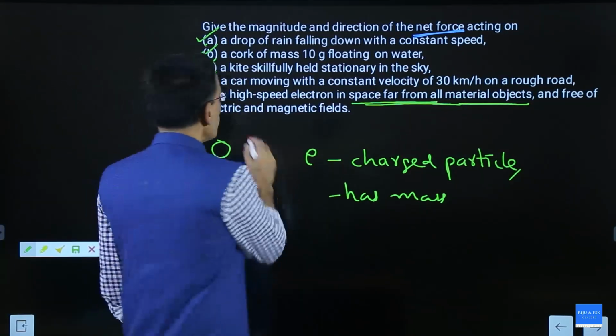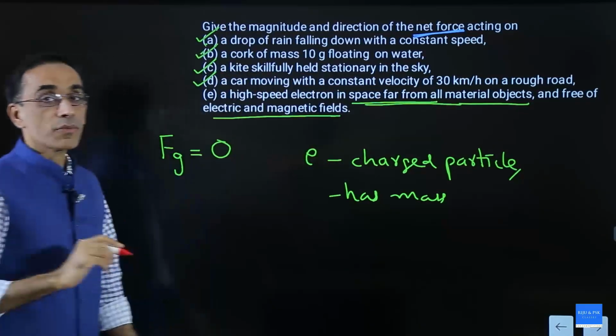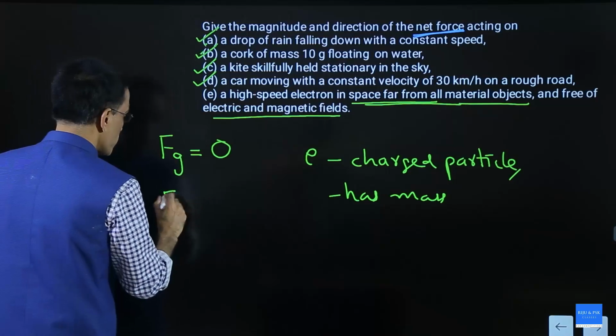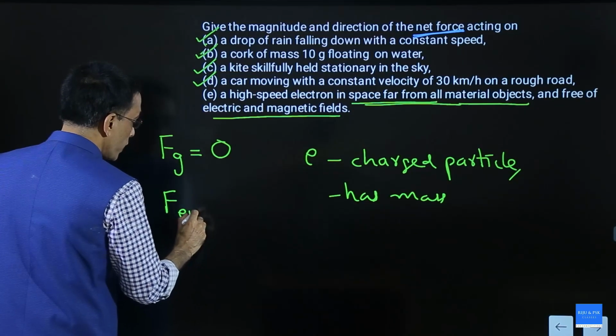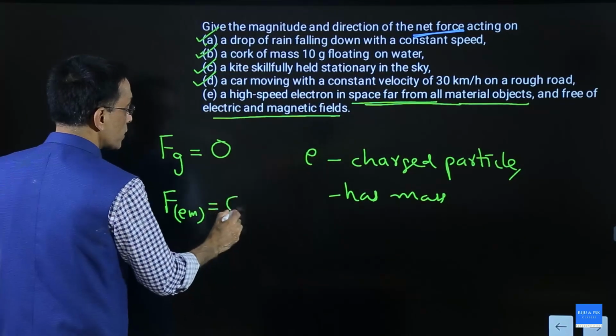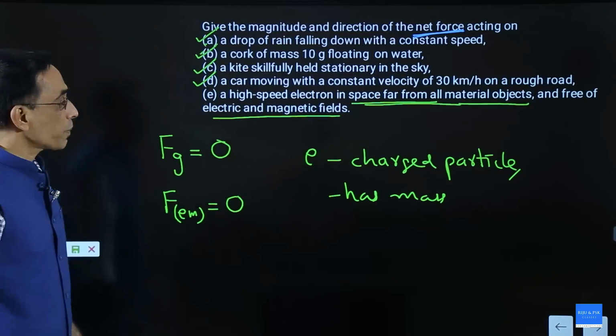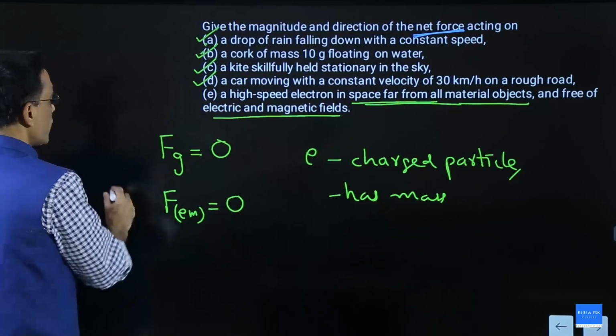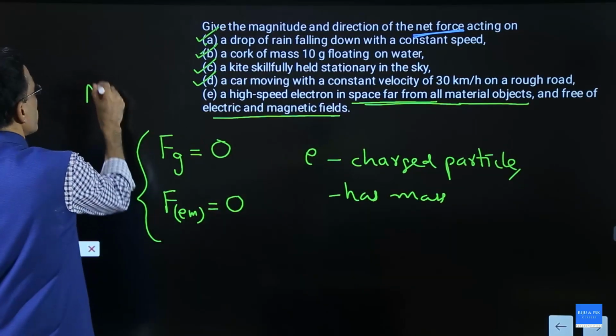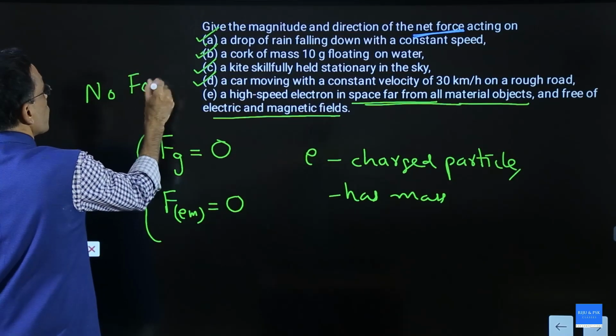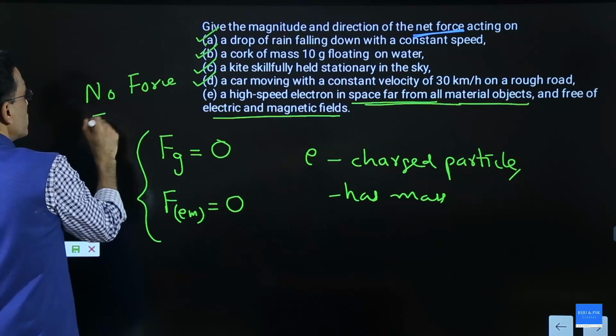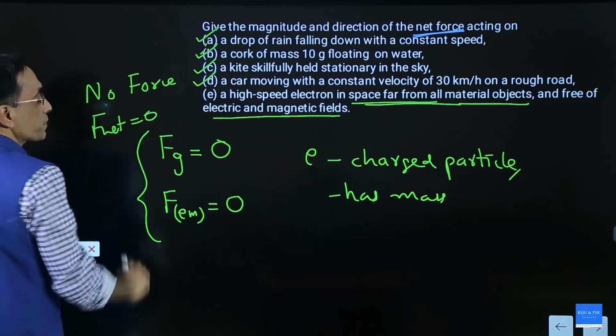And free of electric and magnetic fields. If electric and magnetic field is not there, then the electromagnetic force that we studied in the beginning is also equal to 0. That means there is no force acting. That means net force equal to 0.